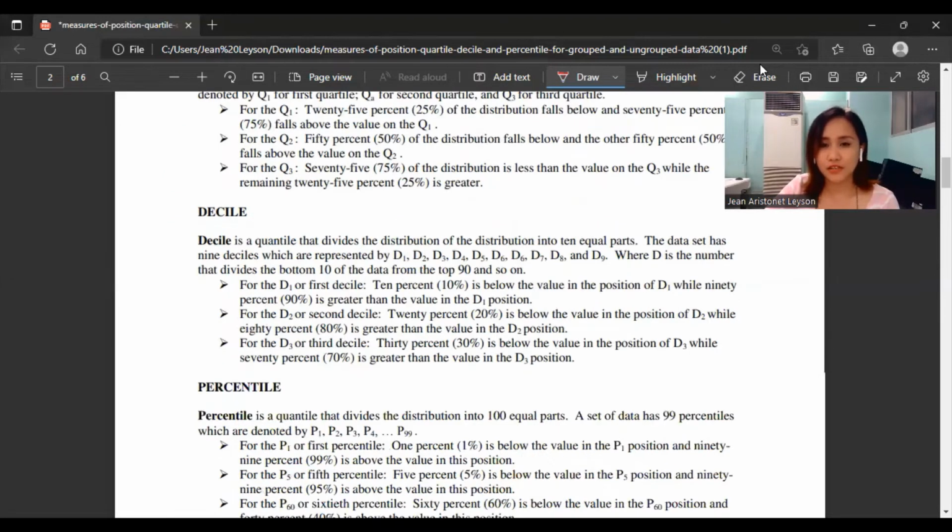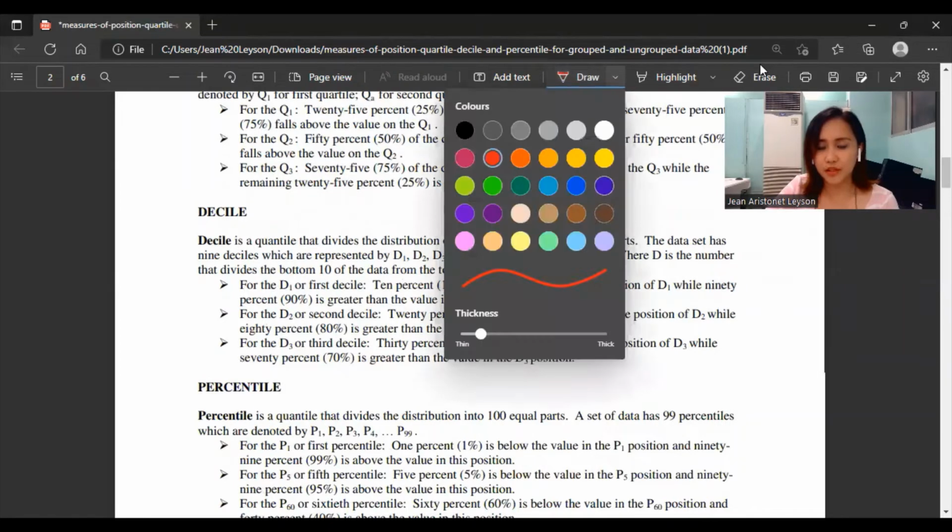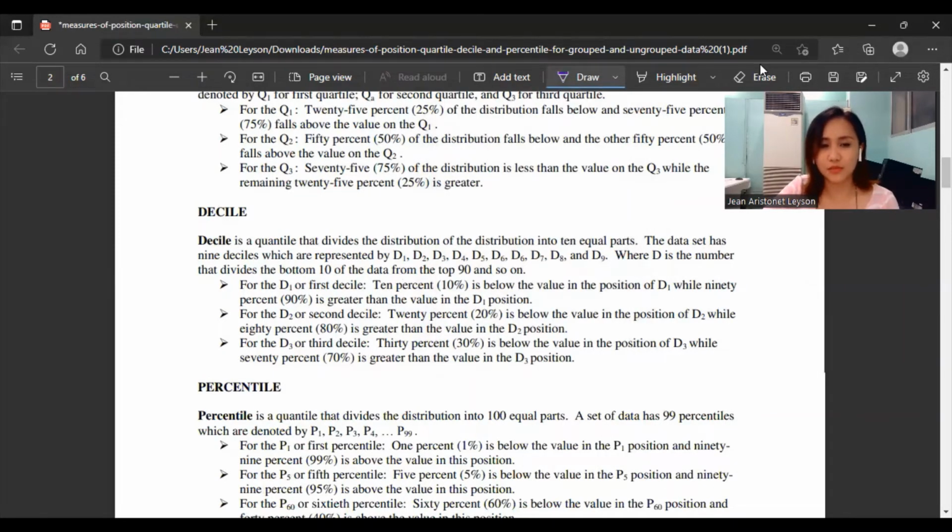So the second concept or the second type of quantile is what we call as the decile. So by definition, a decile is a quantile that divides the distribution into 10 equal parts. So quartile, it divides the distribution into 4 equal parts, whereas the decile divides the distribution into 10 equal parts.